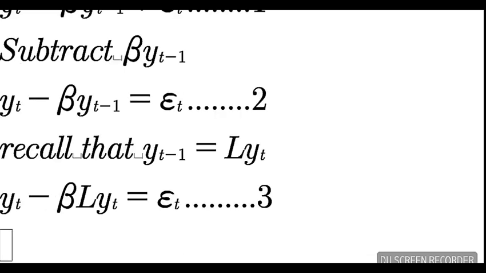Let me factorize, just factor out the common factor.